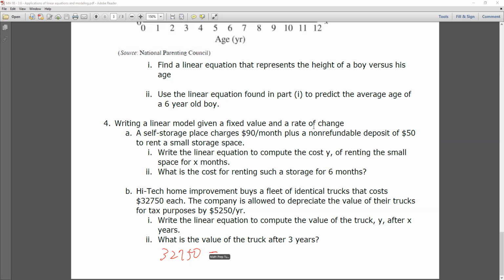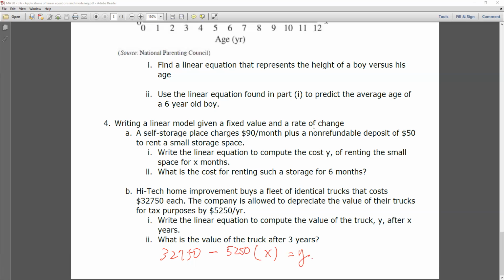We are going to subtract $52.50, the discount, you lose that value every year. So we're going to multiply it by X, and it's going to equal Y. So the value is $32,750 minus $52.50 times X.